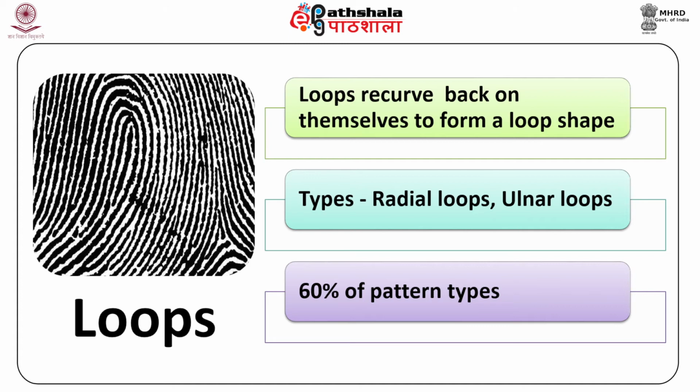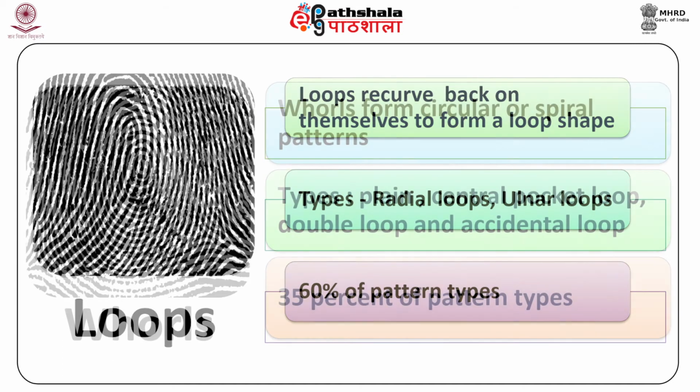Now, first is loop. Prints that recurve back on themselves to form a loop shape are divided into radial loop, pointing towards the radius bone or thumb, and ulnar loop, pointing towards the ulna bone or the pinky. Loops account for approximately 60% of pattern types.